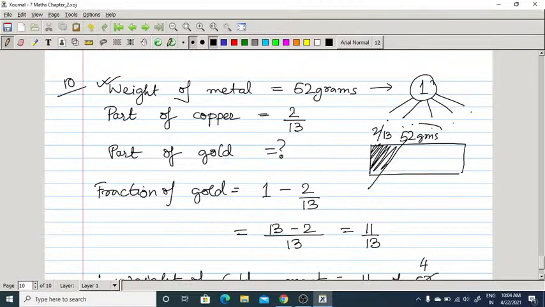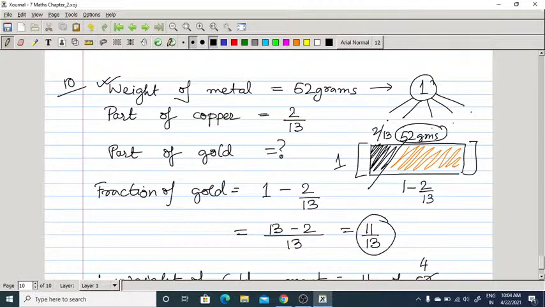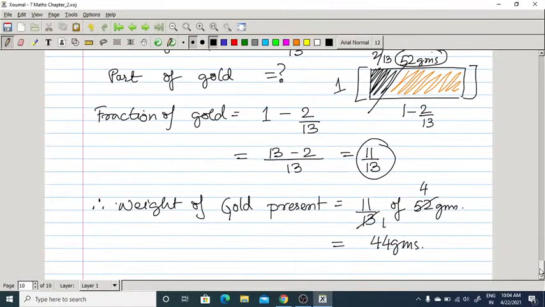So the rest of it is gold. Now we know that in fractions, the whole thing is considered to be 1. So the rest will be 1 minus 2 by 13, which is equal to 11 by 13. Now if you have to find out the weight of pure gold present, then you have to find this fraction of the total weight. So 11 by 13 of 52. So your answer is 44 grams.